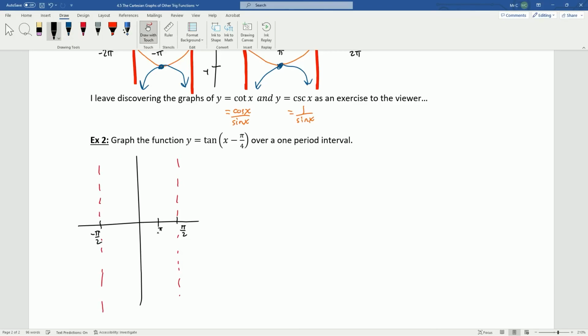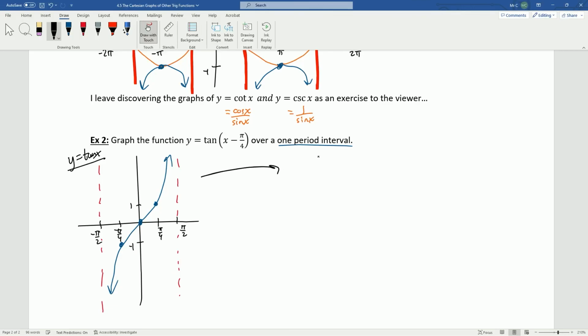I'm going to mark pi over 4 and negative pi over 4 on my graph, and I'm going to mark 1 and negative 1 on the y-axis. And then I get 0 in the middle, 1 on the right side, negative 1 on the left side. That shoots up towards the asymptote. Of course, this thing repeats every pi, but the directions say graph it over a 1-period interval. So I'm just going to graph that. So this is y equals tangent of x.